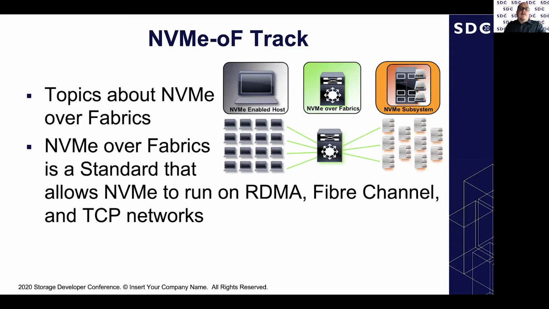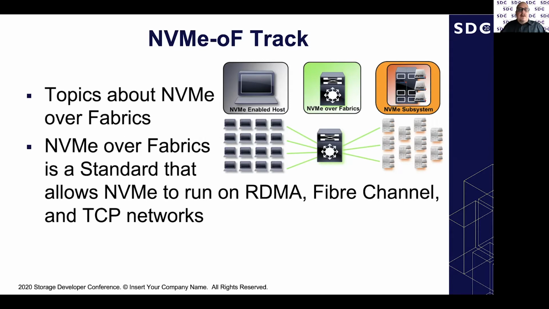So, I'm sure we've all heard a lot about NVMe Fabrics, and it's not so new, but still a newer access to NVMe, which allows you to use a fabric. And there's quite a few fabrics that are available.